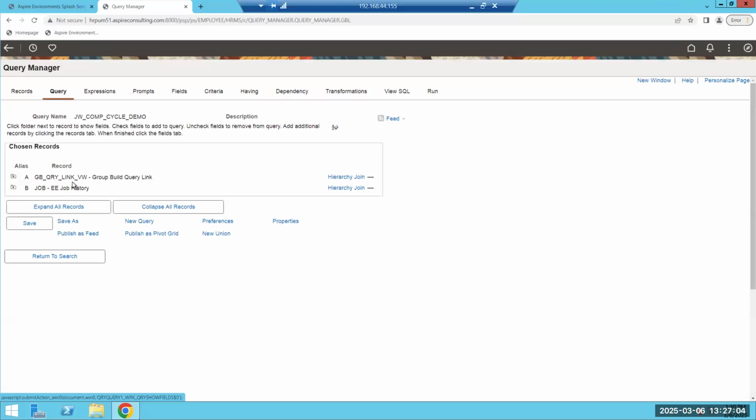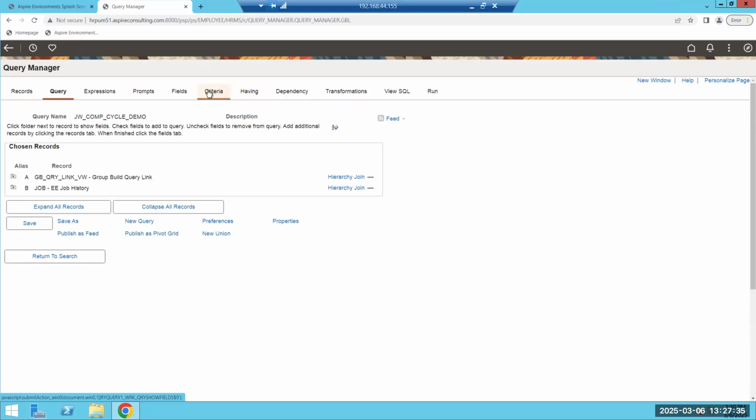define your criteria. There are some limitations as to how your query can be structured. They're documented in the people books, in the HCM application fundamentals people book, where it talks about group build.